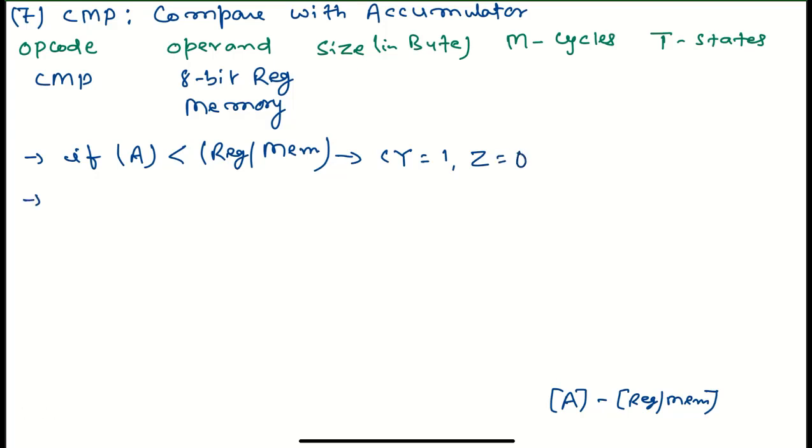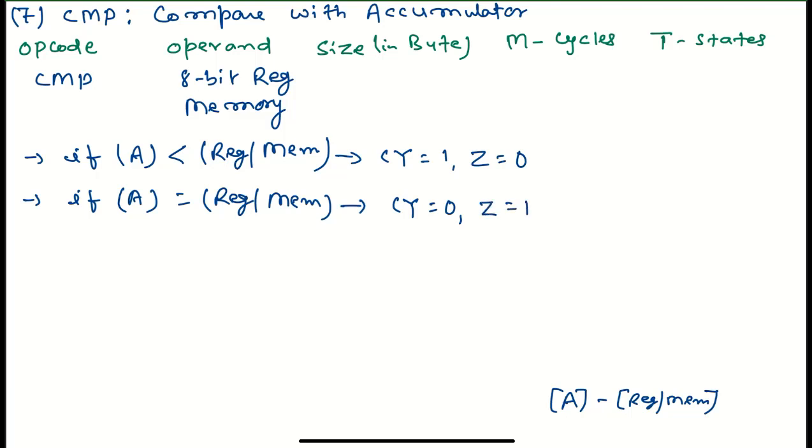Similarly, if the accumulator content is equal to the register or memory content, the result will be zero. Carry is not required to perform the subtraction, so the carry flag will be 0 itself, and the subtraction result will have all bits 0, so the zero flag will be set.